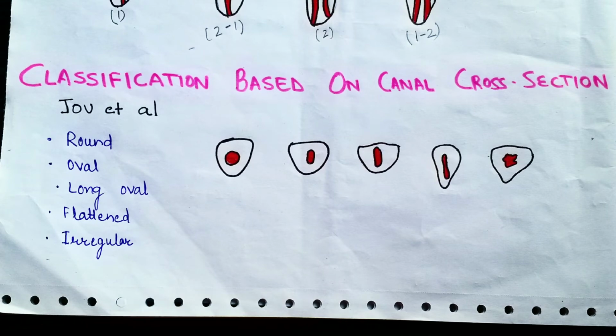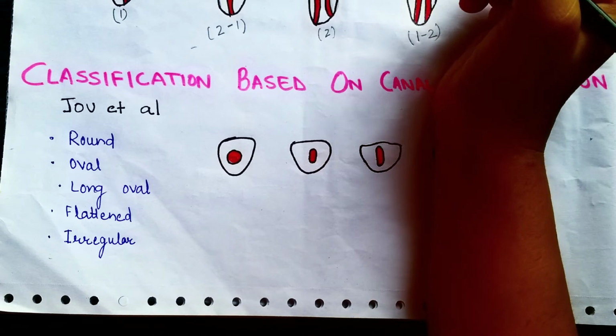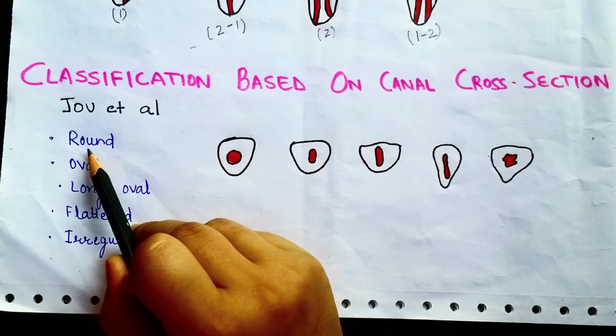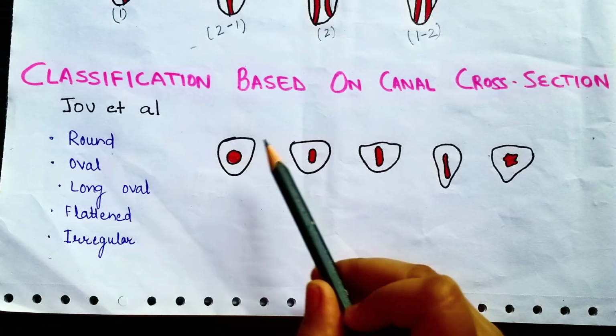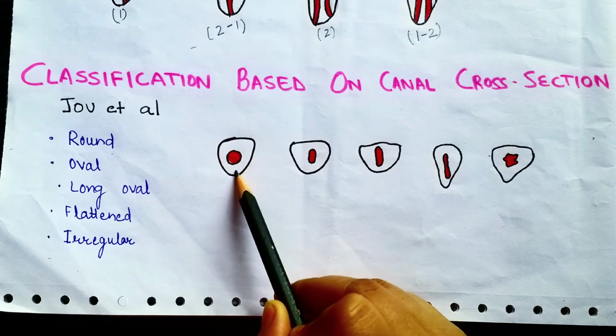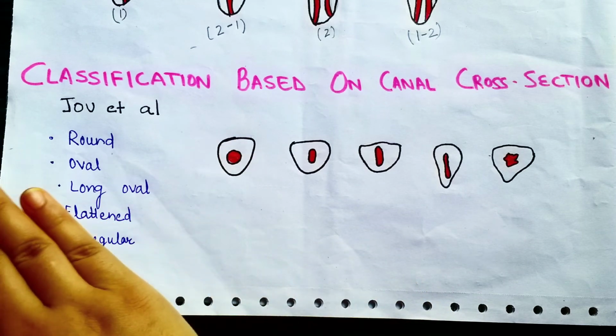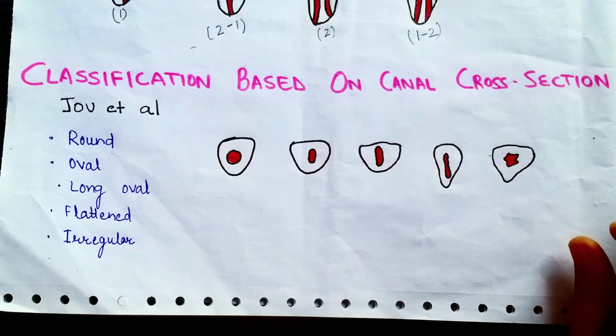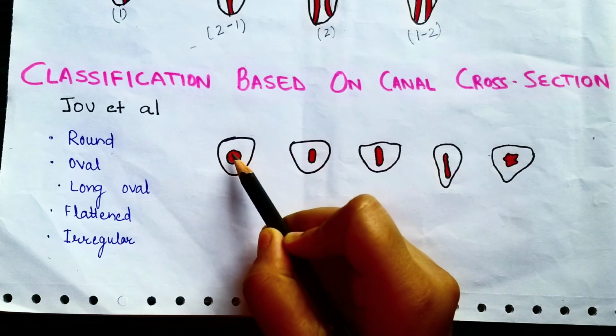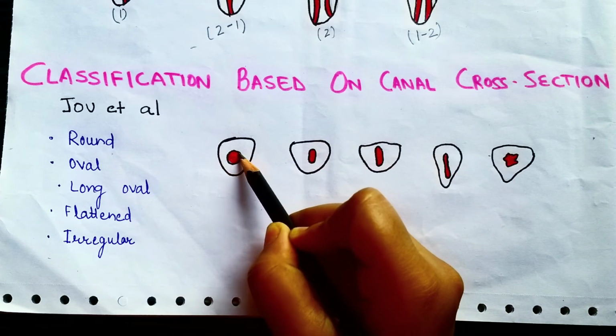So according to him, first of all we have a round cross section. So I have drawn a tooth and we have done a cross section of this tooth. So if we see a round root canal which is present in the center, it is known as round. Then we have oval shape, which will be represented like this.